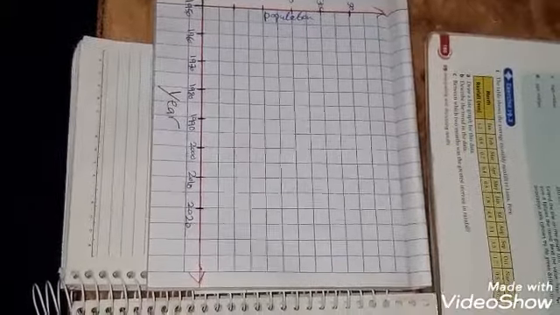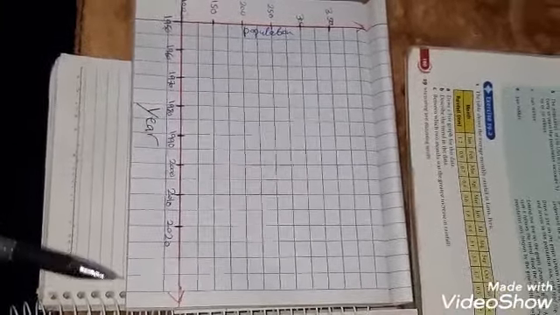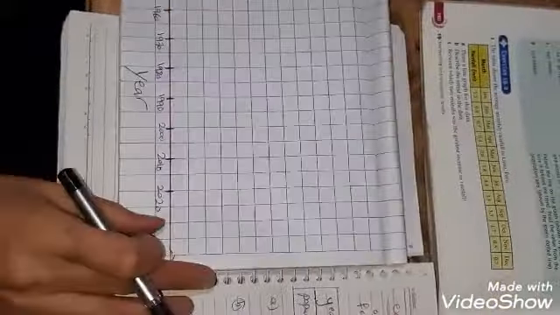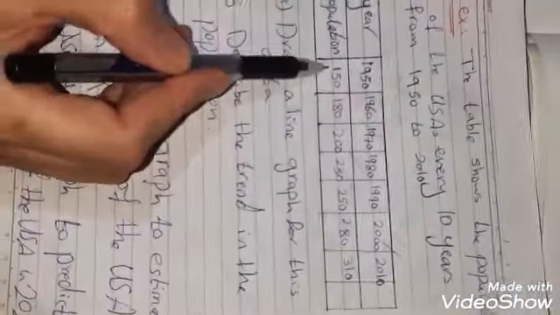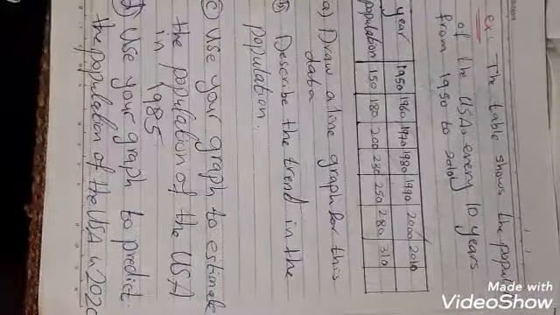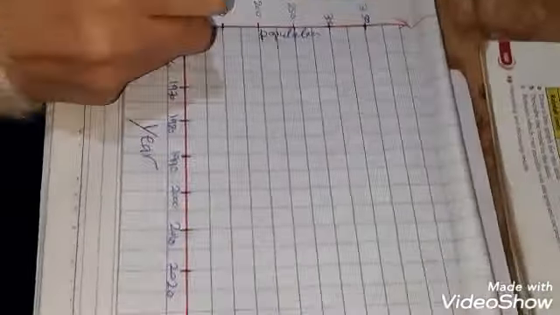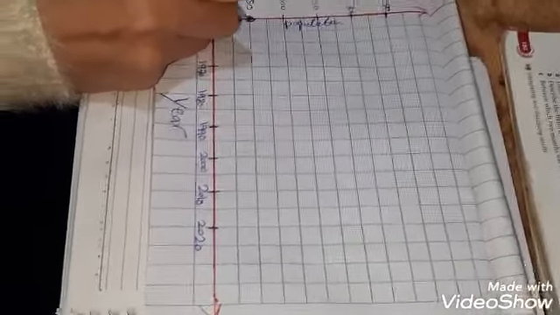Now, how can I draw it? By using the table. This is 1950, this is 150. So plot the point here.